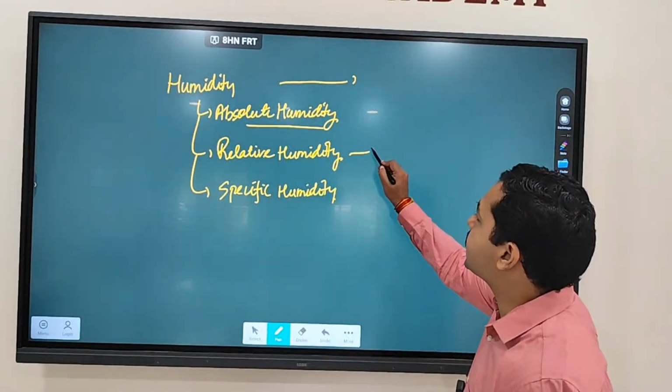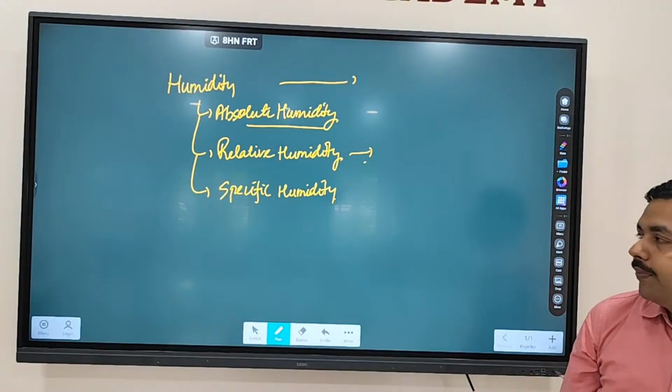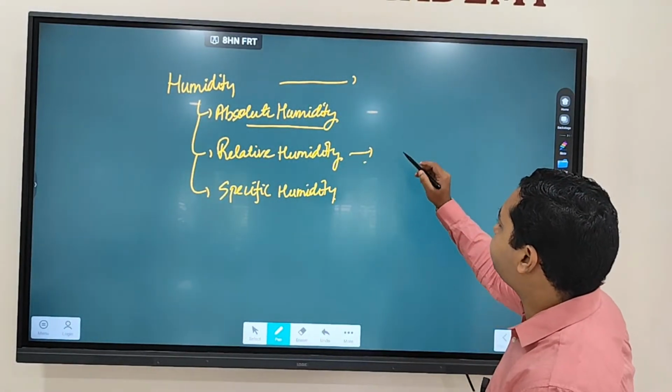Now we are coming to the second part, which is relative humidity. What is relative humidity?